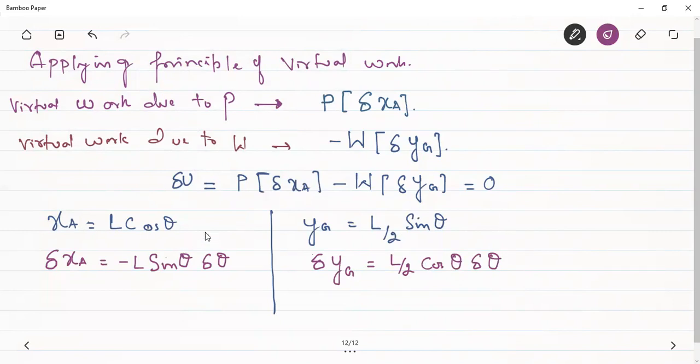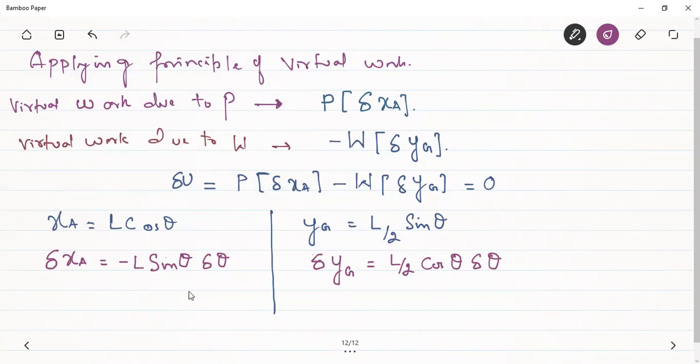One thing is the sign conventions: while substituting this delta xa here, I will substitute only the magnitude, because I have been consistent with the direction of the displacement and the load. This displacement delta xa and the load P were in the same direction, therefore I have already considered the sign convention.